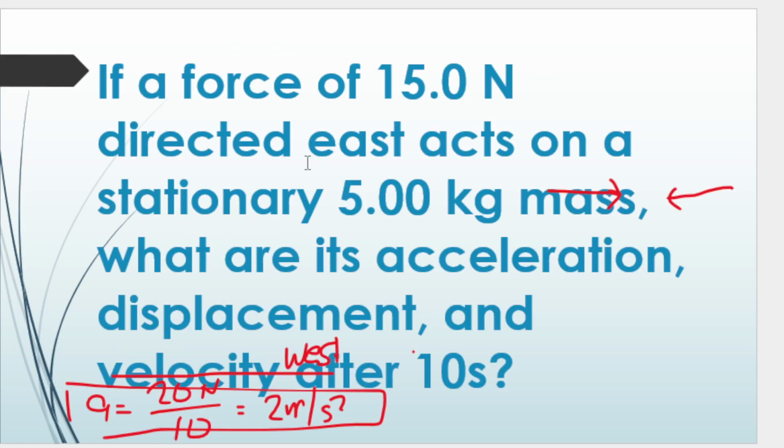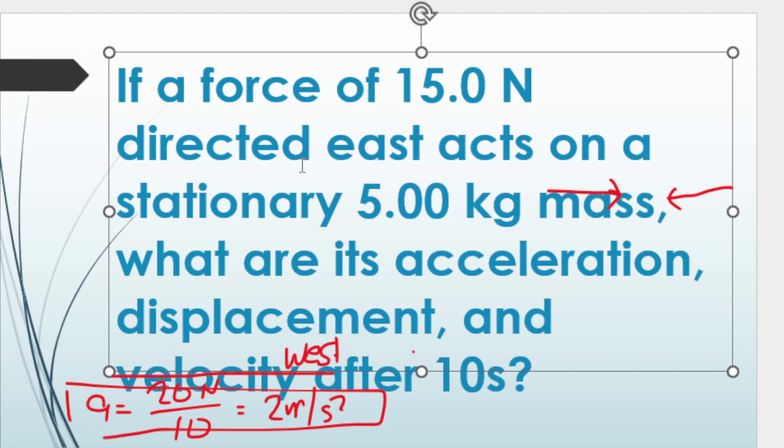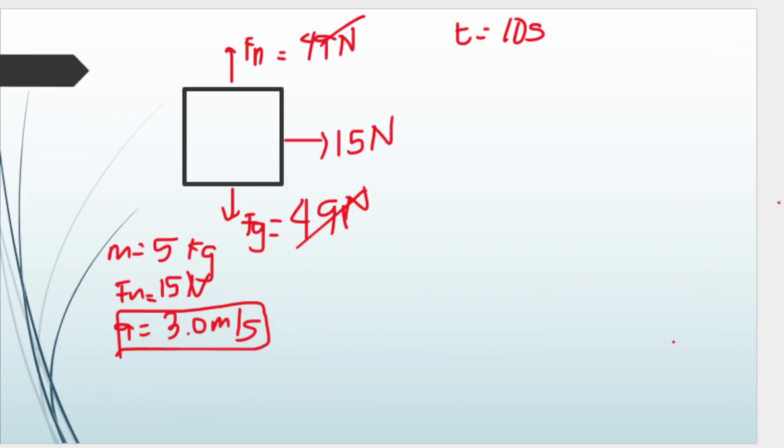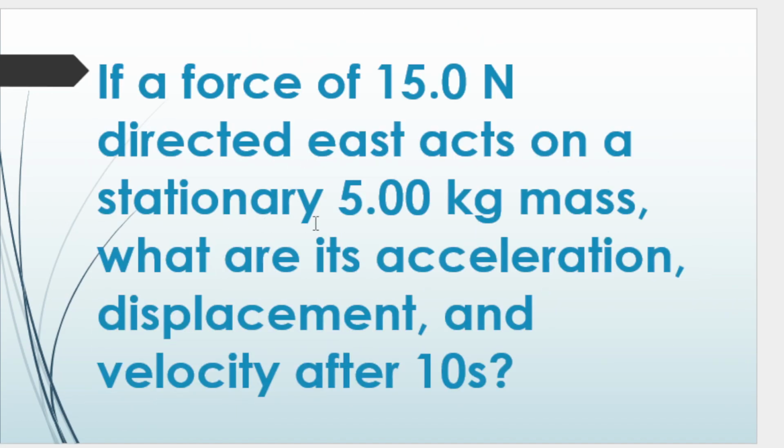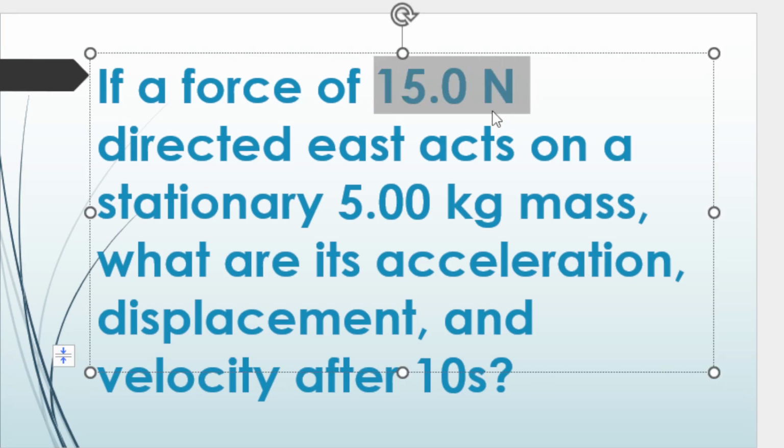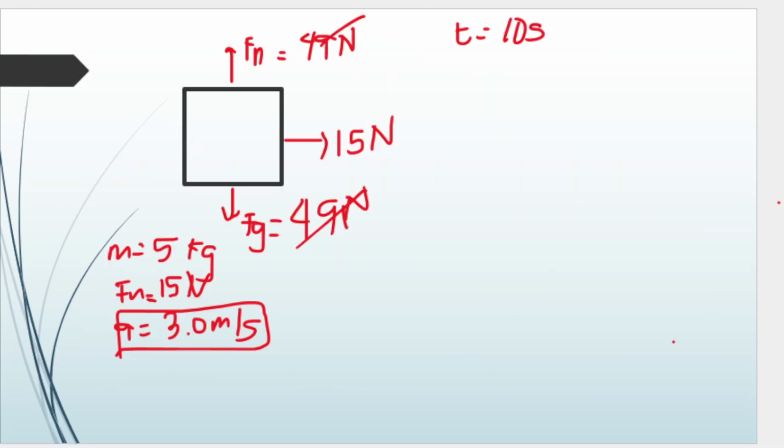Since it was stationary before it was applied by some force, the 15 newton force, it was stationary at first, so it means the initial velocity is 0.